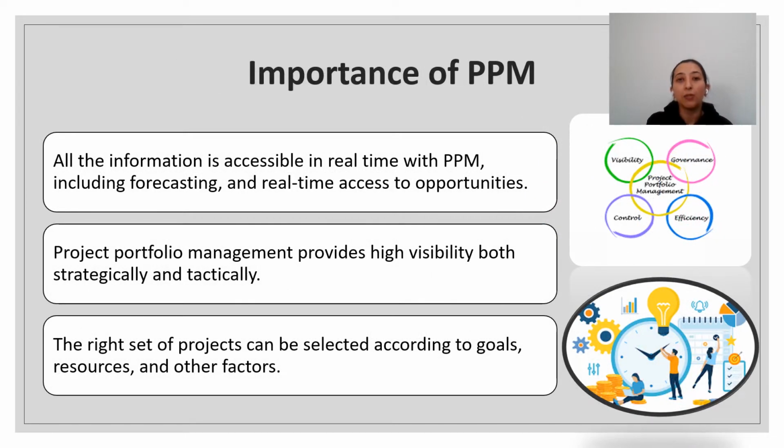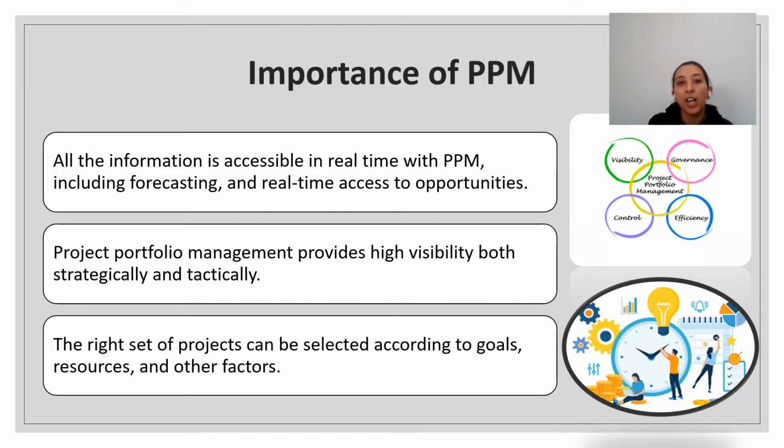In this slide, information is provided on the importance of project portfolio management. A comprehensive approach to managing projects includes monitoring their status and health, their interdependence, and their performance. Project portfolio management improves the efficiency of the overall process by providing real-time updates on project metrics.